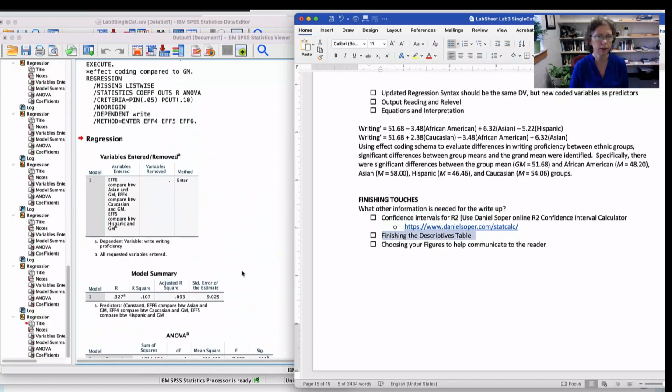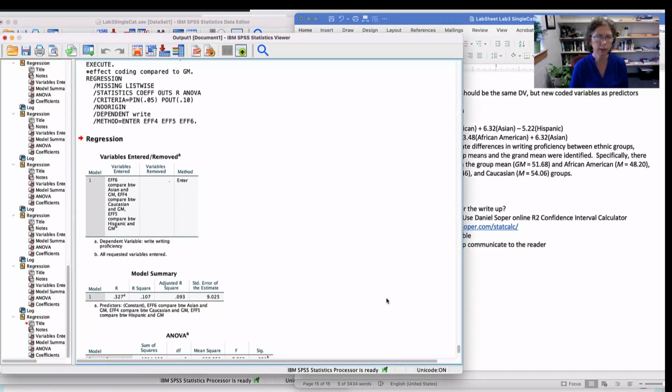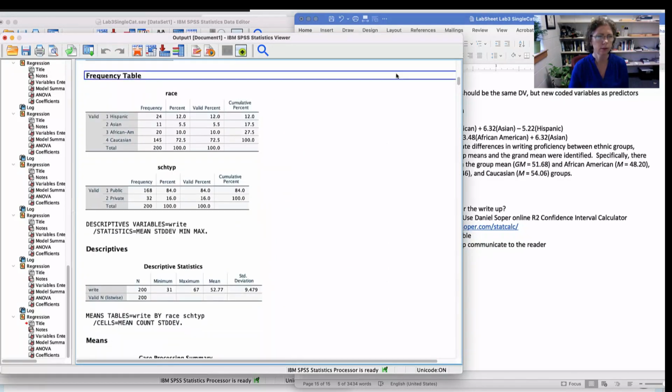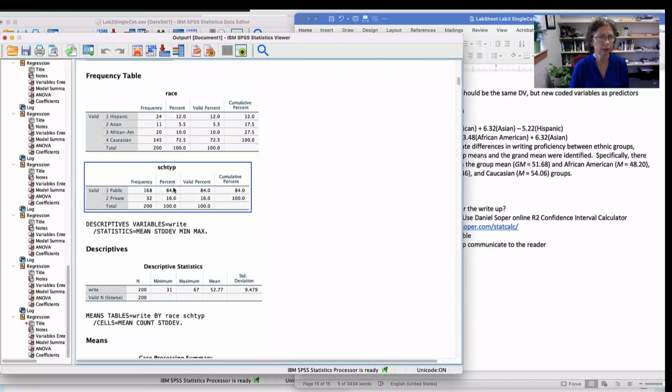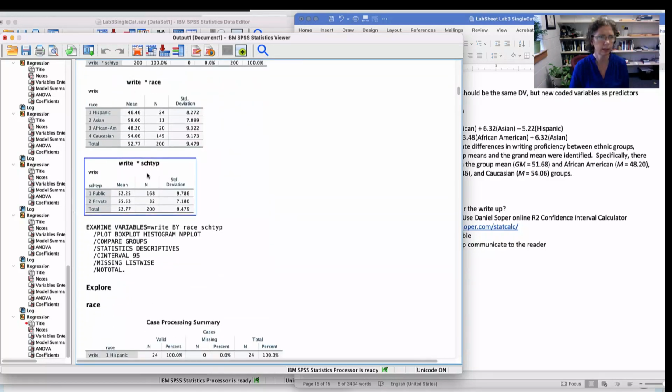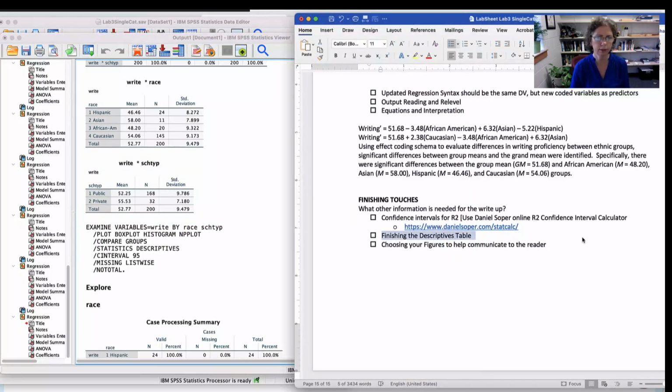So that's getting all that information that we collected at the beginning. Like how many in each group, and the write by race and write by school type, mean, standard deviation, and how many in each of those groups to make your descriptives table there.